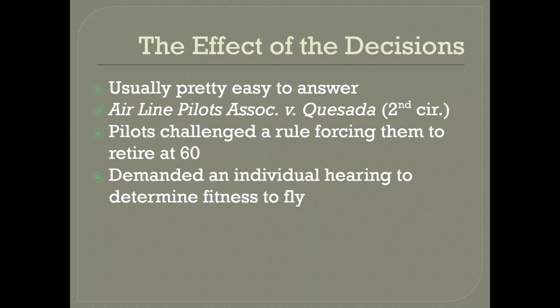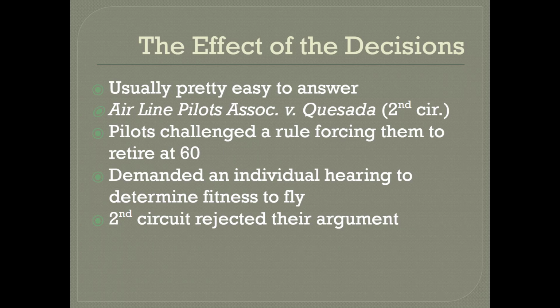Quesada, of course, was demanding an adjudication. He was saying, no, I don't want a general rule to apply to me. Every single person should be able to determine or to prove for themselves that they are still capable of flying. In this case, the Second Circuit rejected their argument, because, of course, what they decided was that this is a legislative rule, not adjudication.